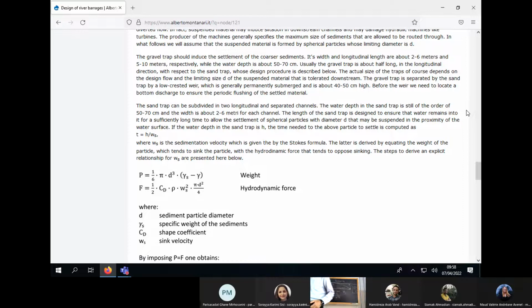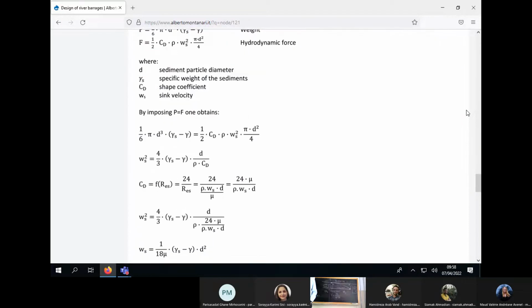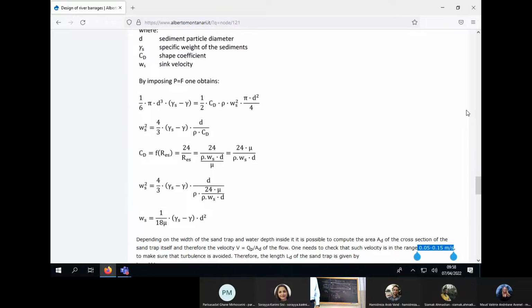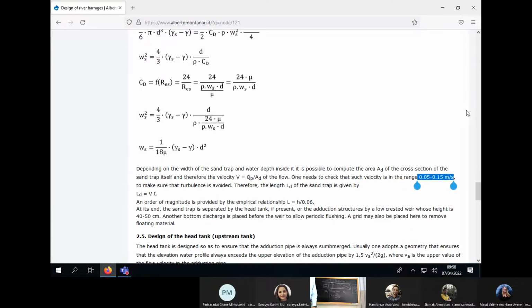The Stokes formula gives the value of Ws depending on the viscosity of water, μ, and on gamma s, the specific weight of the sediment, minus gamma, the specific weight of water, because these are immersed sediments, so their weight is lower.